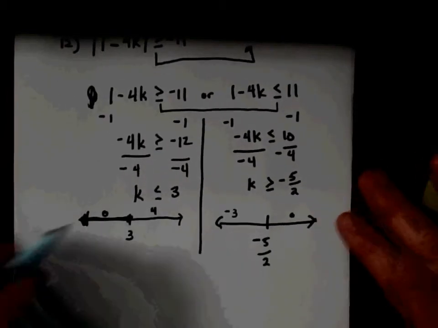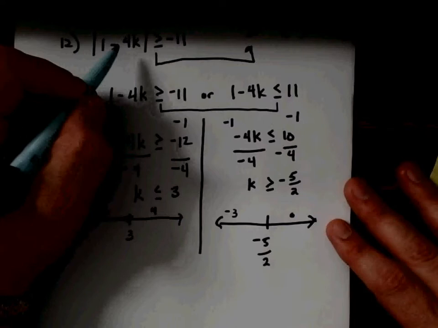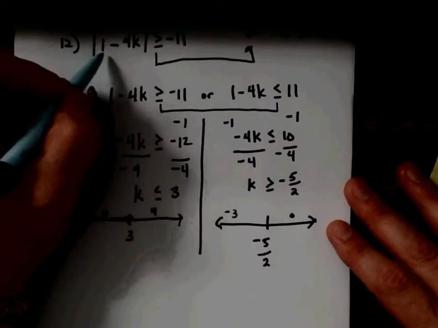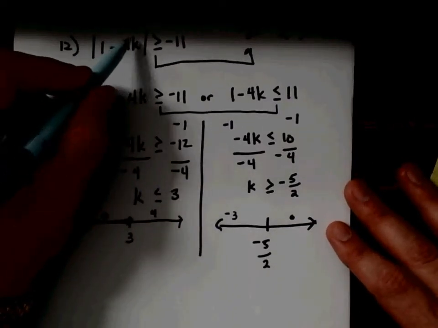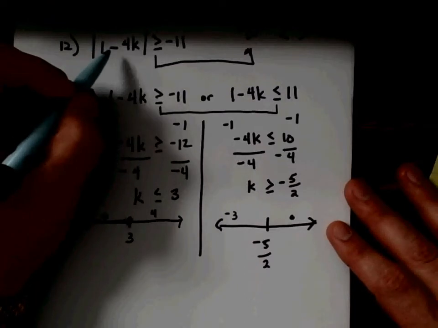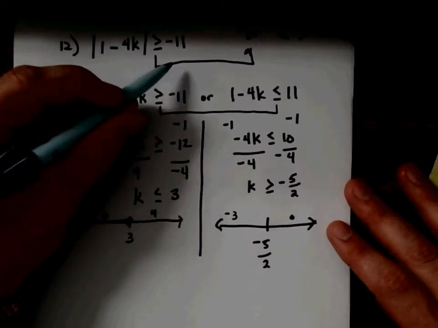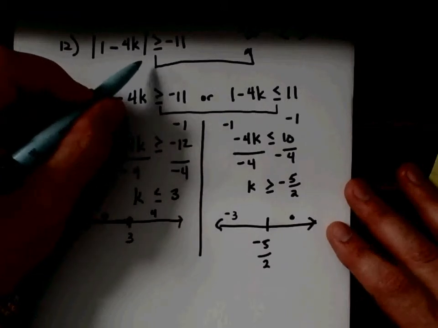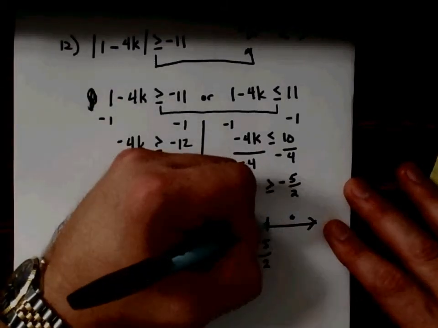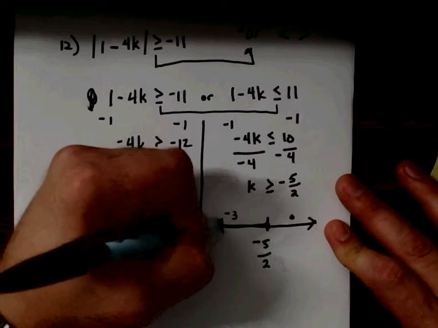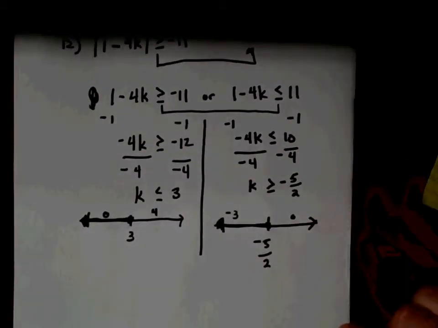Plug it into my original. Negative 3 is going to give me 1 minus negative 12, which is going to turn into positive 13. Is positive 13 greater than or equal to negative 11? It is. So therefore, it's going to be a solid dot shading that direction.